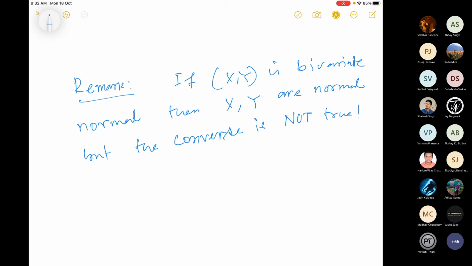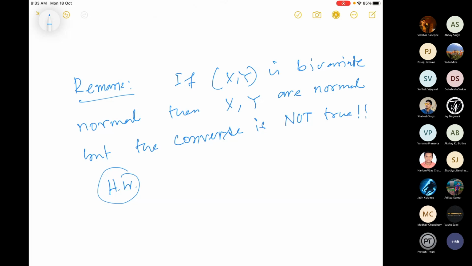I'll give you the homework. Find an example. That means we take some X, Y with some parameters mu 1, mu 2, sigma 1, sigma 2, and you try to see their joint. You can have a joint PDF which is not normal, but whose marginal distributions are normal. We have encountered such a situation in this course before, maybe in the last lecture.